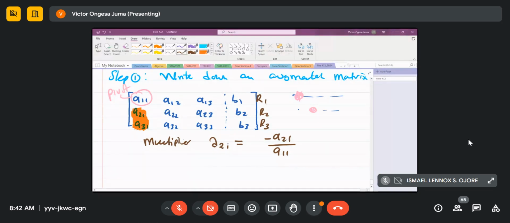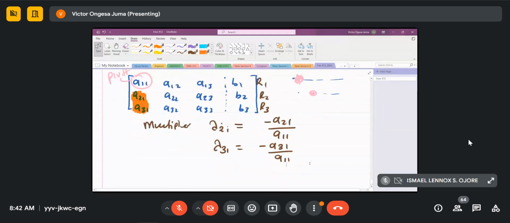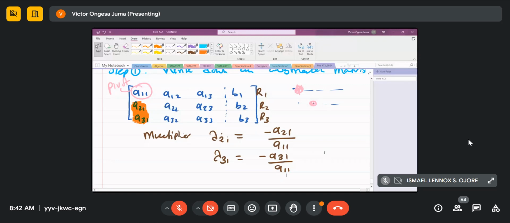And so the multiplier for this row means eliminating row 2 using row 1. And the multiplier for row 3, lambda 31, will be the same as negative A31, whatever I want to eliminate, divided by the pivot element. Those are the two multipliers. And so we want to reduce this matrix.